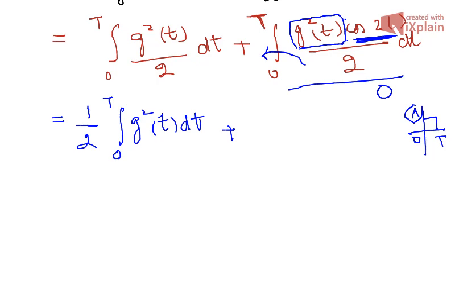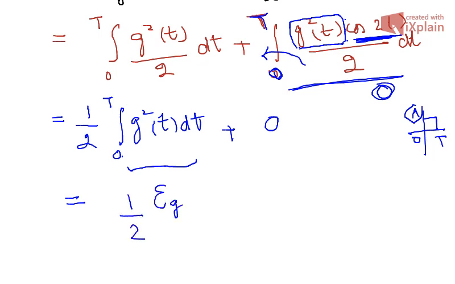Whatever its frequency and phase, if you integrate it over a period, you will get 0. So this term integrates out to be 0. You can try multiplying and integrating it, but in the end you will get 0. So what are you left with? This is the energy of the pulse, the energy of the squared signal over the period.